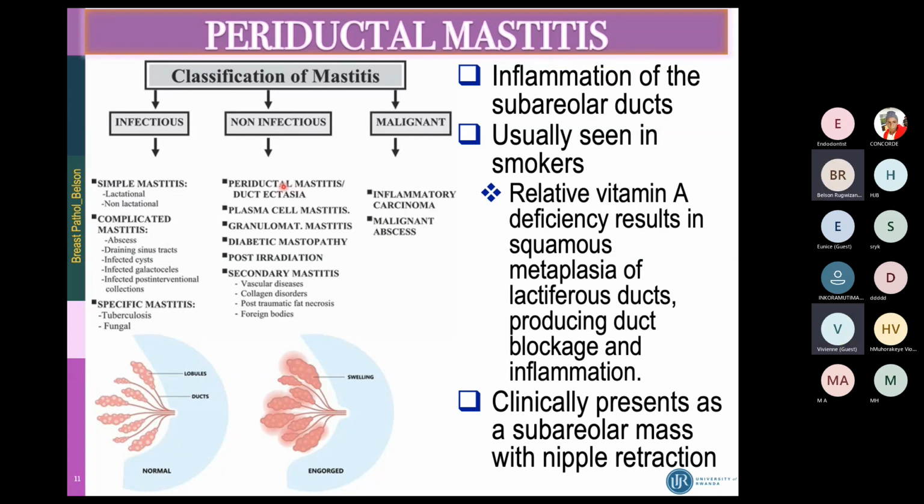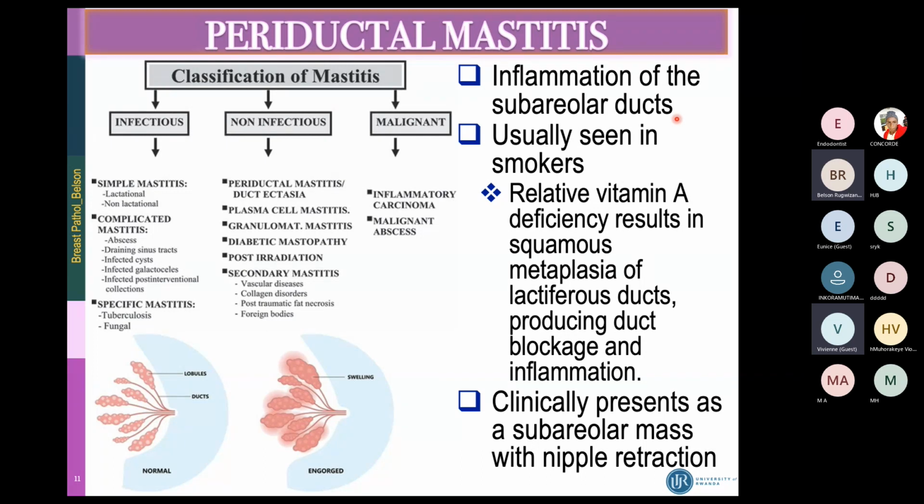So this is the inflammation of the subareolar ducts, usually seen in smokers. So they have a relative vitamin A deficiency, which results in squamous metaplasia of the lactiferous ducts, producing duct blockage and inflammation. So you can understand these ducts, they are lined by simple pseudostratified columnar epithelium.